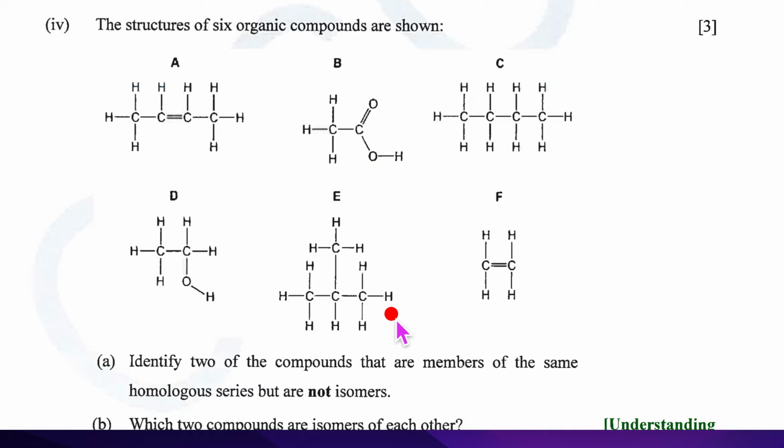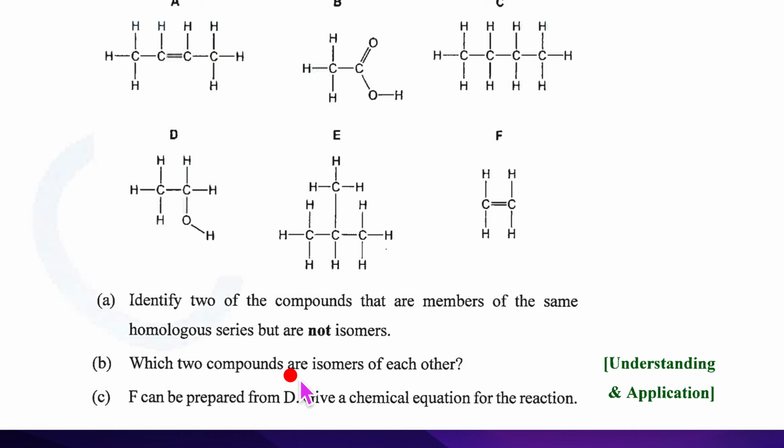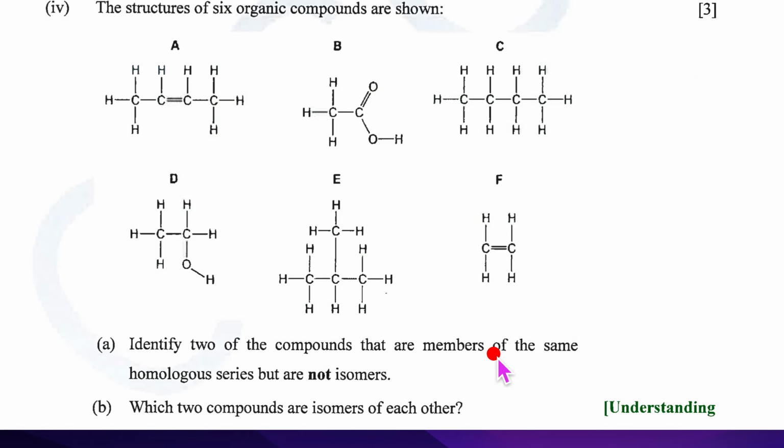So which ones are the homologous series? This one, alkene here, and this one. Identify 2 of the compounds which are the members, so A and F. You can say this is alkene and this is also an alkene. Which 2 compounds are isomers of each other?